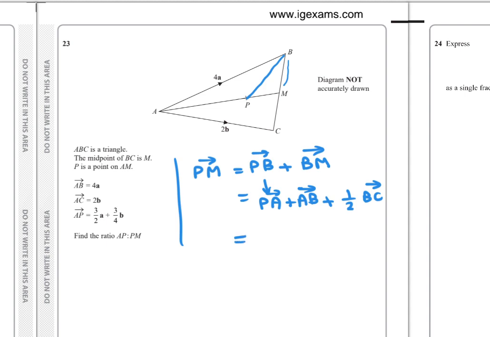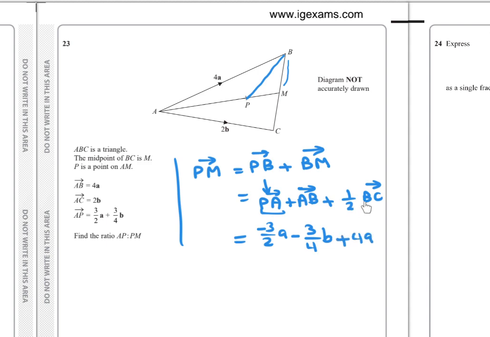Now for BA, we have AB, so just change the sign. So negative 3 over 2A minus 3 over 4B. This is for BA. Now for AB, we have 4A, so plus 4A.